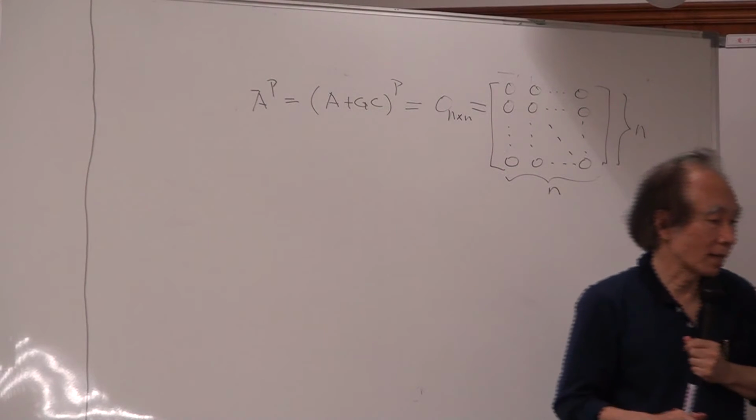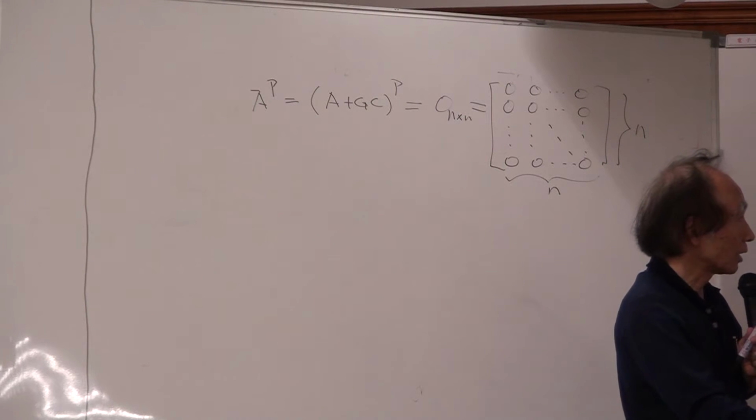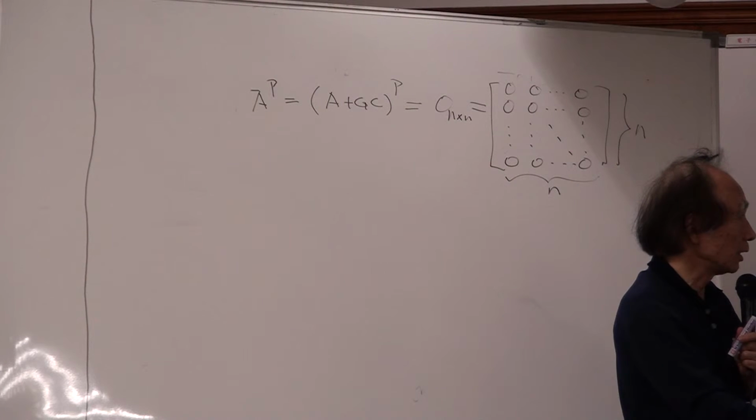So that means y_k plus alpha 1 y_(k-1) plus alpha 2 y_(k-2) plus ... plus alpha p y_(k-p). So we have only p terms here.